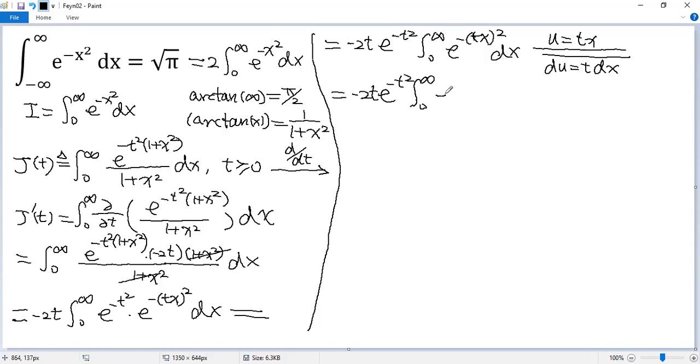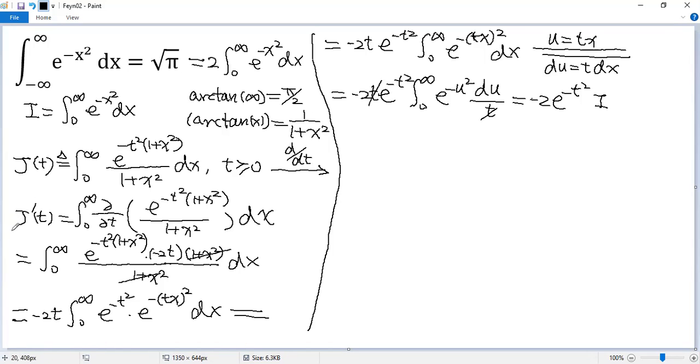And the integrand becomes e to the power of negative u squared, and dx equals du over t, right? We cancel t, and you see we get negative 2 e to the power of negative t squared. And the remaining part, if you want, you can change u to x. So it is exactly the target integral, I.